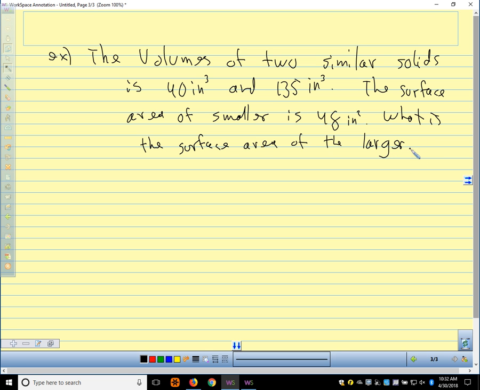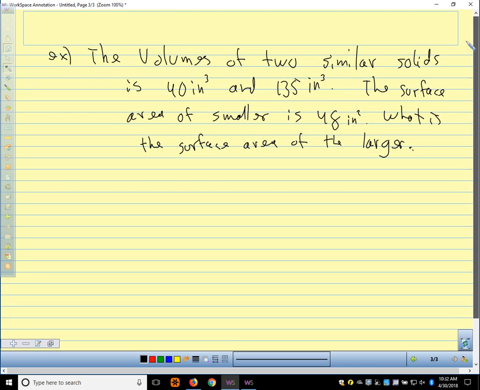And here, it doesn't matter what the shapes are. We're not using a specific formula to find surface areas and volumes. All we need to know is that they are similar, and we have these ratios. So our plan here, let me write our plan. We're going to have multiple steps.